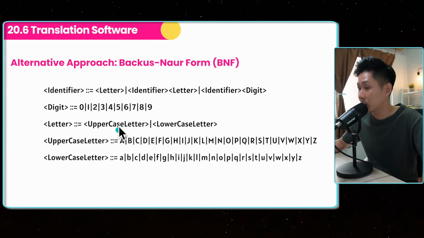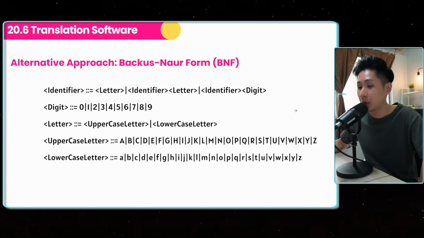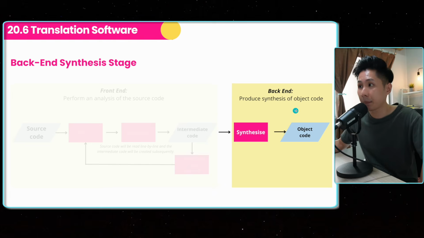So when it refers to uppercase letter, this means that it involves all the possible letters here and lowercase letters. So you can see that this refers to this, lowercase letter refers to this. So that's Backus-Naur form to actually explain what the grammar of a programming language is like.